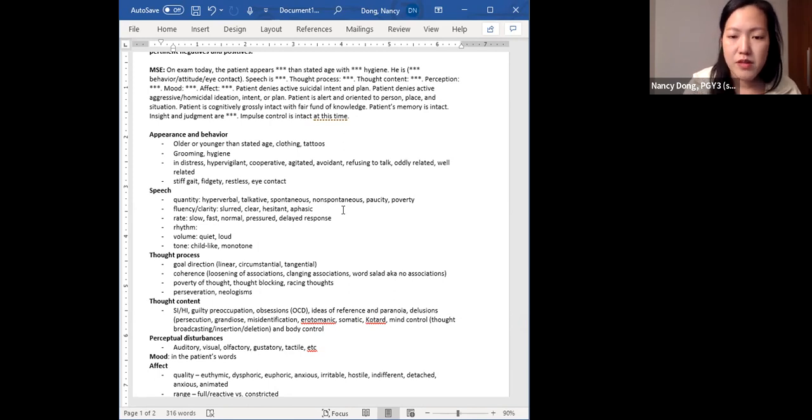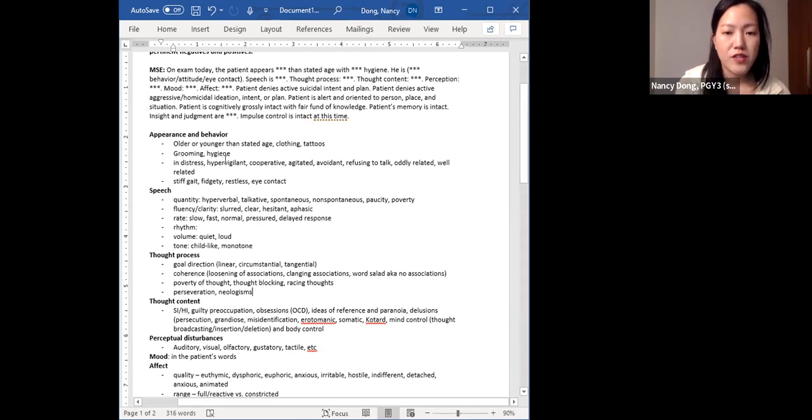Maybe they're being admitted because they're really not eating, not drinking, not showering. And over time on the unit, you see that some of this is getting better, which might give you an idea of how they're improving. Some other vocabulary: distress, are they hypervigilant?